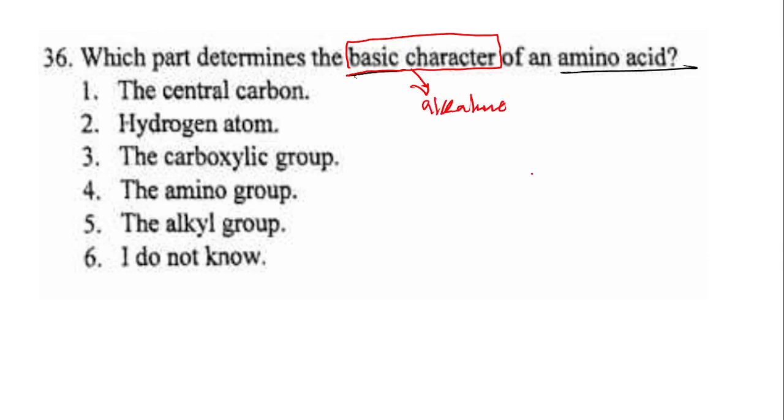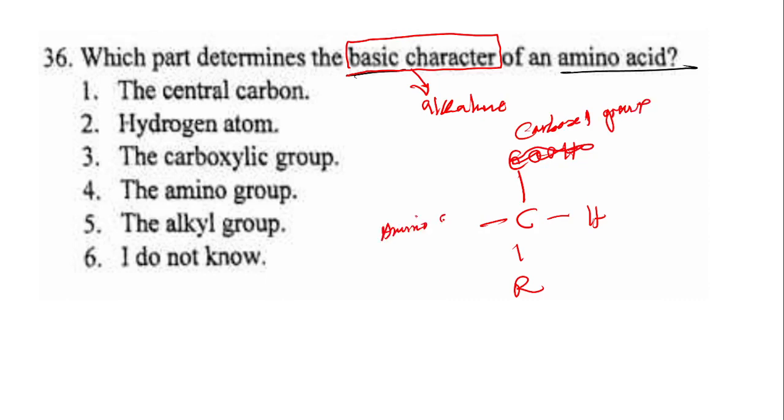So we said this is the central carbon, this is the R group, this is the H, this is COOH, the carboxyl group. You have the carboxyl group, and then you have the amino group.